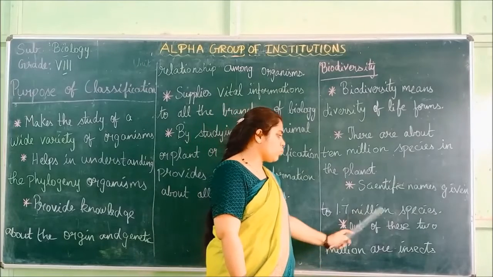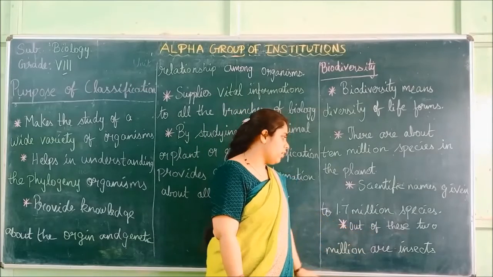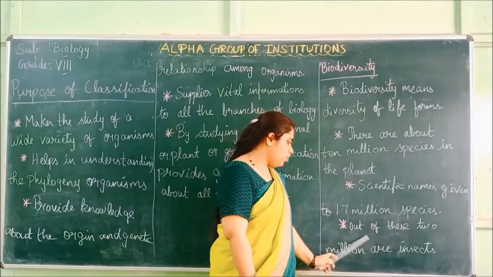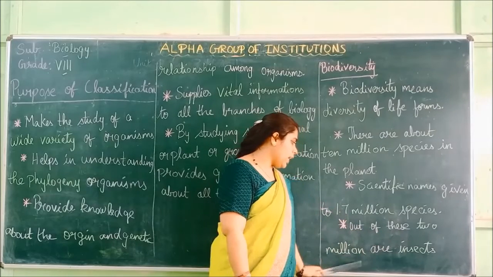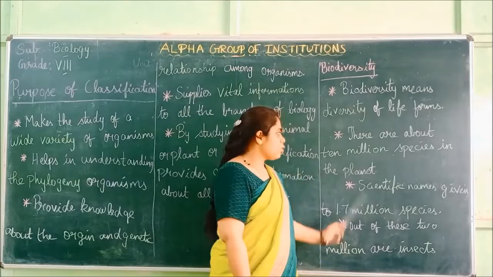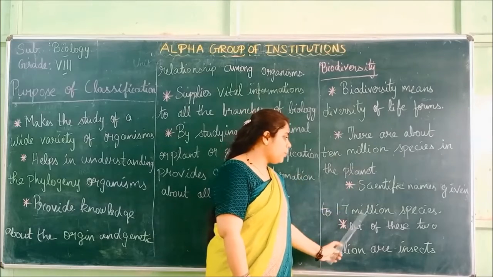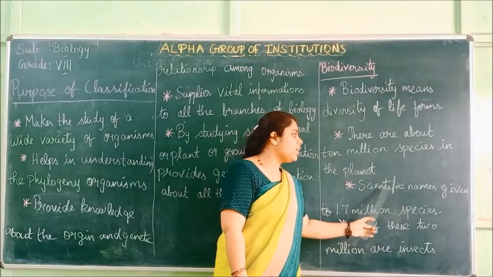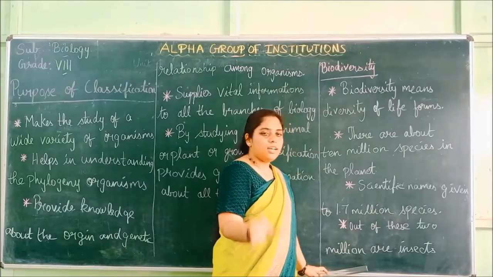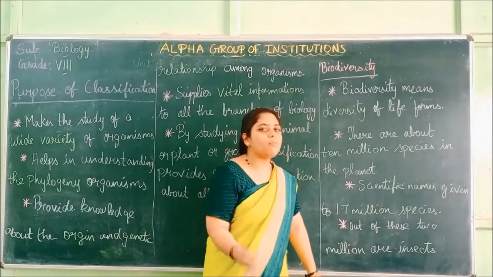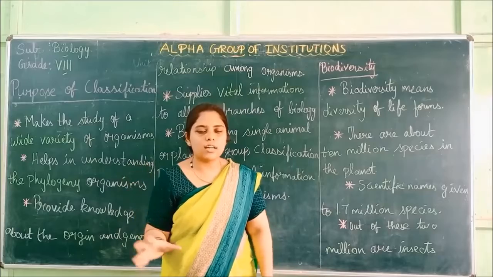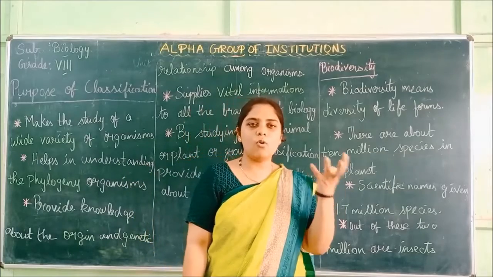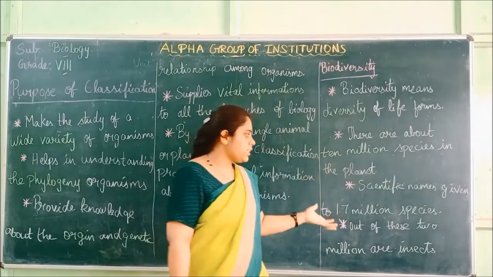And there are around 2 million varieties of insects on the earth. So in this 10 million, 1.7 million species were given scientific names, and insects alone have around 2 million varieties. So you can imagine how many varieties of insects alone.